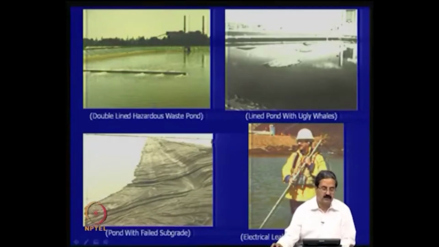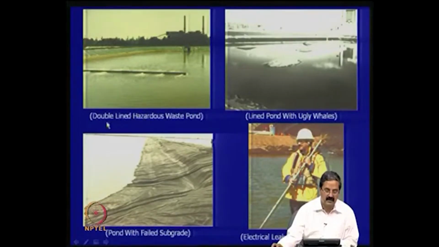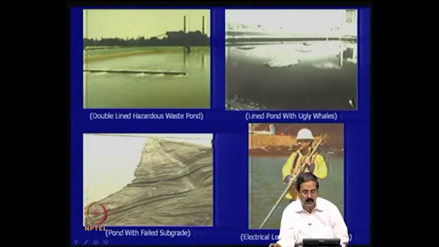So those ponds will have a double line hazardous waste pond, like in this case this particular pond has 2 liners. And suppose you do not put a proper lining, the possibility is that the geomembrane may just get up and then there could be a lot of problems.